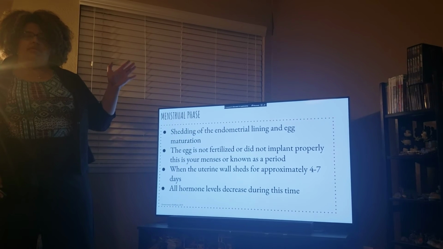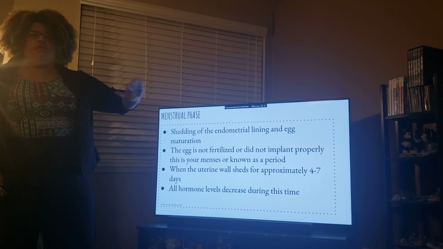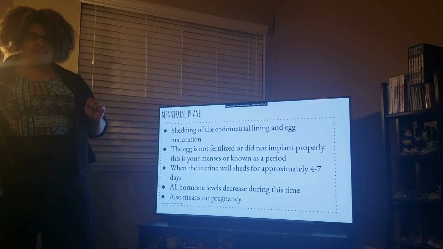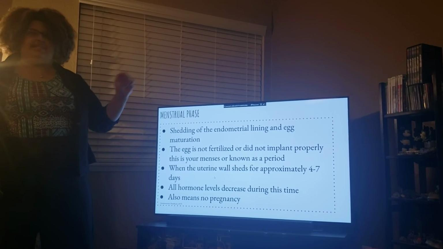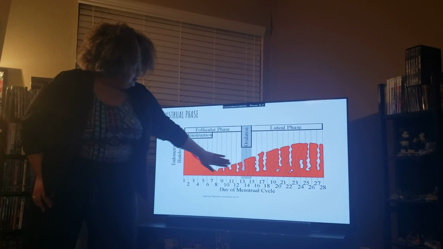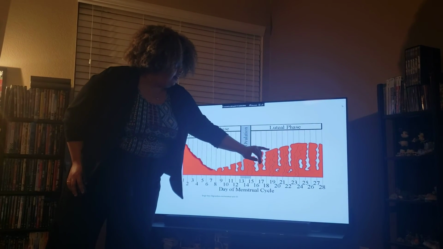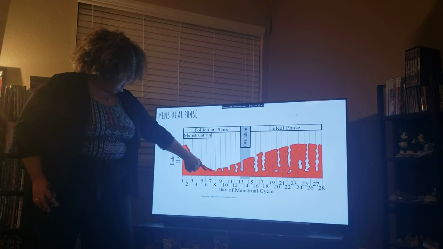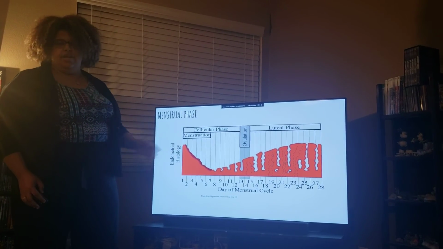And all hormone levels drop off. No more hormones are being highly produced at this time, which also means no pregnancy. All right, so basically, the luteal phase is maintaining that growth, and then you come back over here, and it sheds. So again, period.